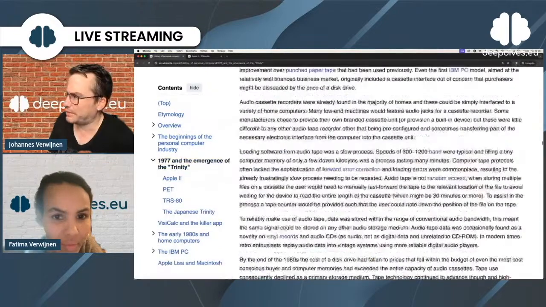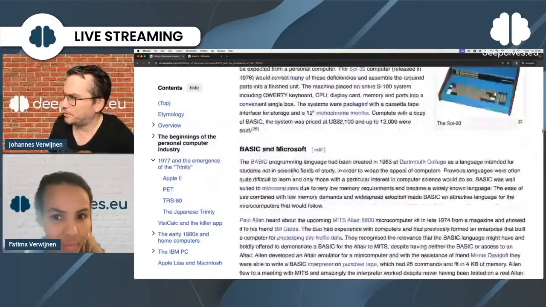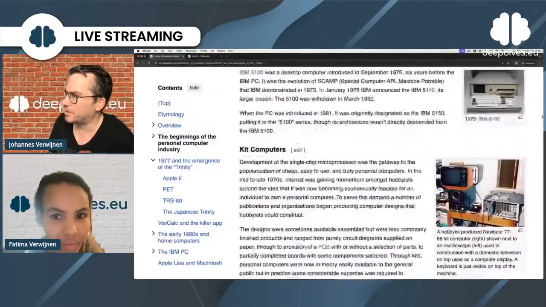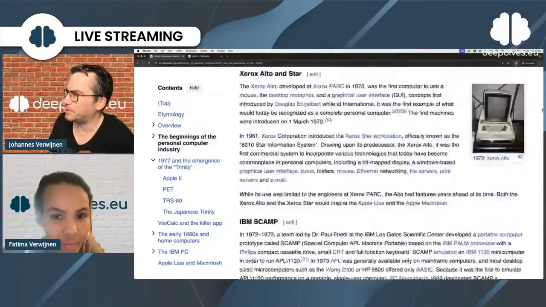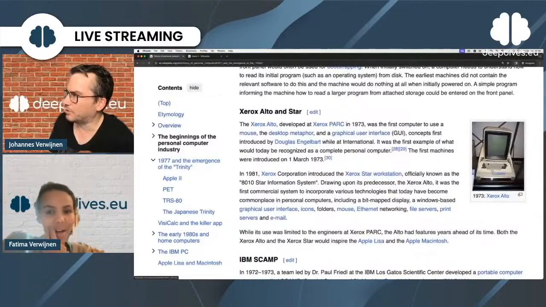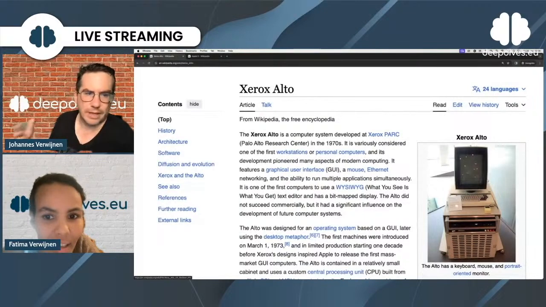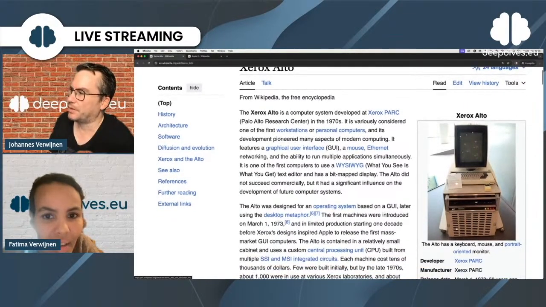I think we already have it here somewhere. Like in the 70s, there was a mention of Xerox. Yeah, here, Xerox Alto. So they actually had the first one there. Yeah, but this never made it into being mass produced. This was just from a research center, right? Right.